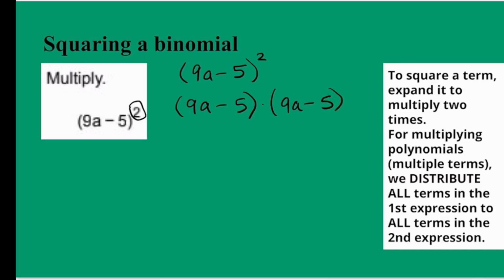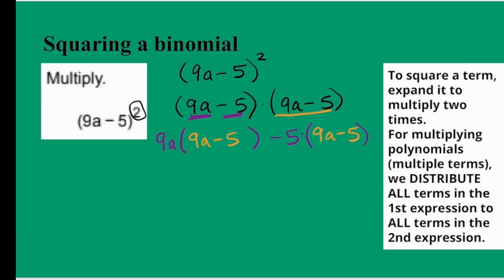So we're going to distribute it all. We're going to take this 9a and multiply by everything in the second parentheses. Then we're going to take this minus 5 and multiply by everything in the second parentheses again. So your second parentheses is 9a minus 5. It can get a little confusing.